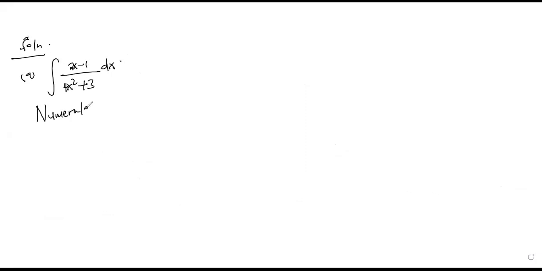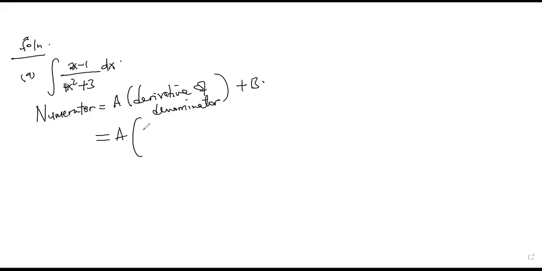Remember, we said that the numerator is equal to A times the derivative of the denominator, then plus B. So it's going to be A times d/dx of the denominator, which is 4x squared plus 3, then plus B. The numerator is 2x minus 1.